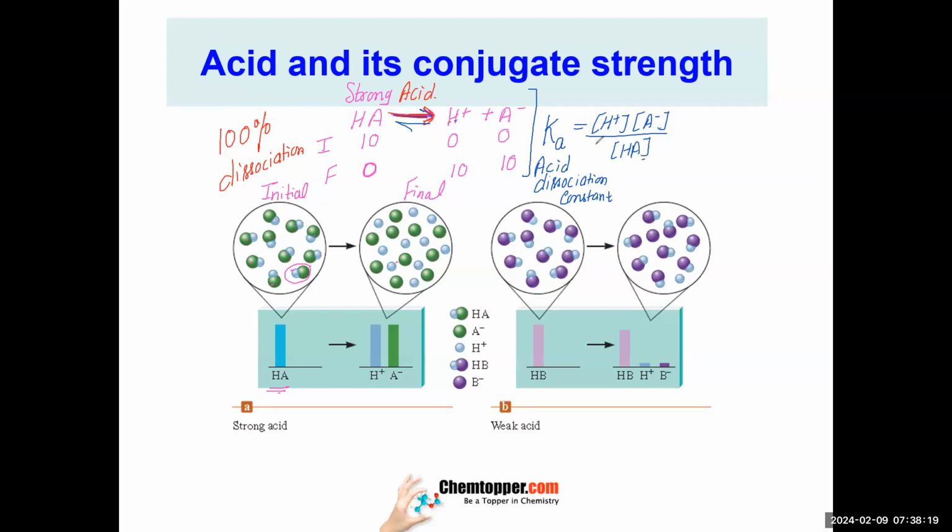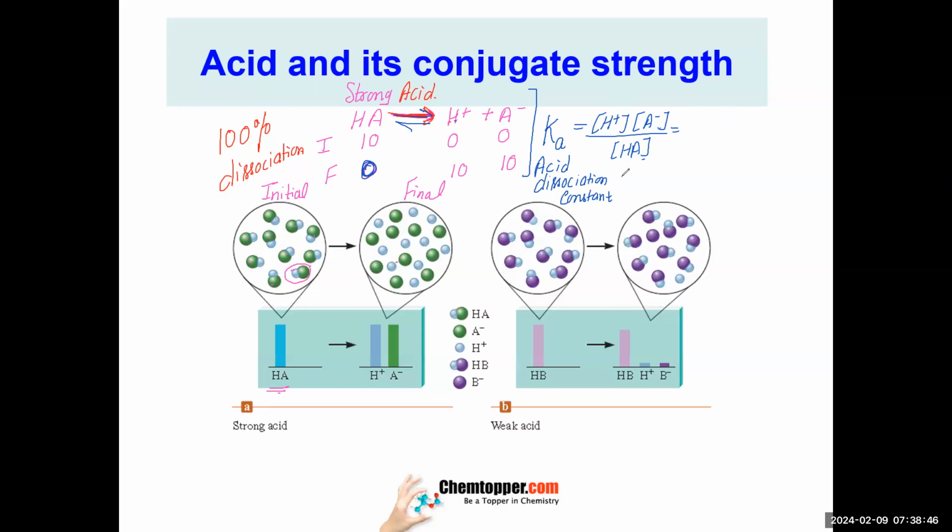Lisa, she's trying to give me the value. But Lisa, when you put 0 in the denominator. This is the expression. So 10 times 0. What happens to this Ka value? Very large or very small? The Ka value will be very large or very small? It will be very large.